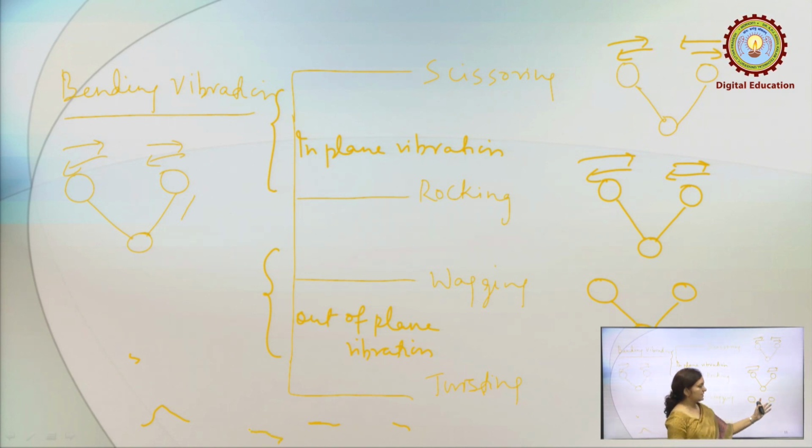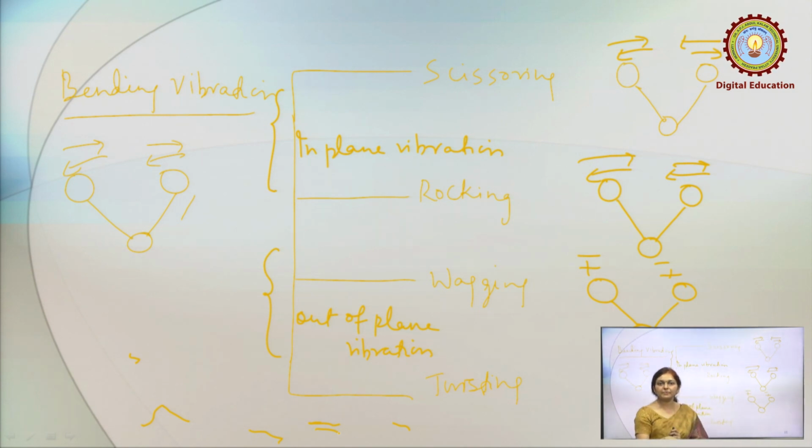Same central atom attached with the two adjacent atoms. In the case of wagging, both the atoms either move above the plane or move below the plane, both atoms simultaneously, so there is change in their bond angle. Fourth type is twisting vibration.